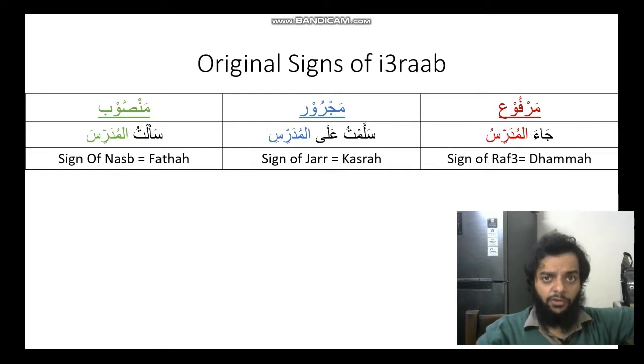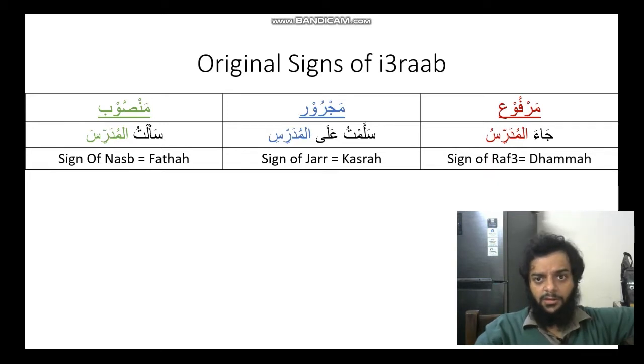Now as for mansub, sa'altul mudarrisa, I asked the teacher. Same word mudarris, but here it ended with fatha. The sign of nasab here is fatha. So the original sign of rafa is dhamma, the original sign of jar is kasra, and the original sign of nasab is fatha.